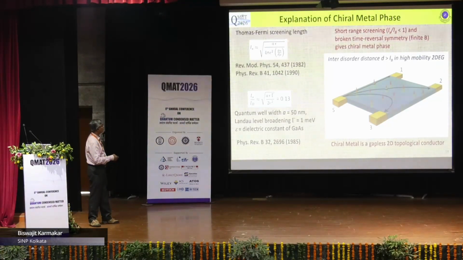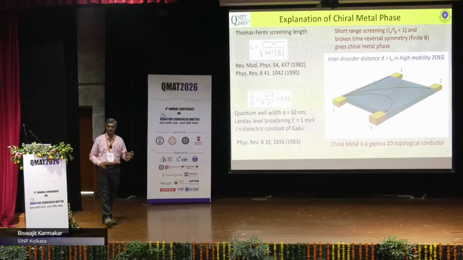From this expression we get the ratio Ls by Lb, and we consider the Landau level broadening, which is 1 meV, and a well width of 50 nanometer. If we put in all the values, we get Ls by Lb of 0.13, which is much smaller than 1.